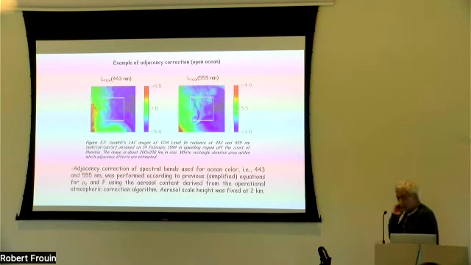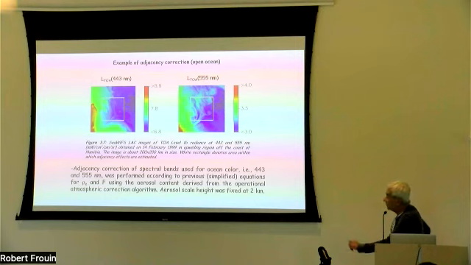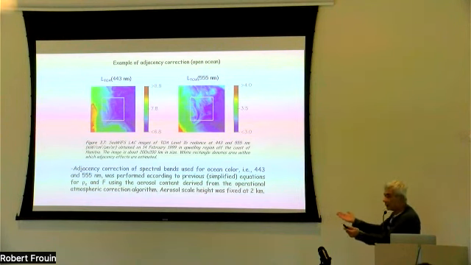And this is an example of adjacency correction using this kind of iterative process. First, you estimate surface reflectance of the land over the ocean, and then you calculate, using these functions, the effect of the atmosphere. You correct the top of atmosphere signal, and then you iterate.